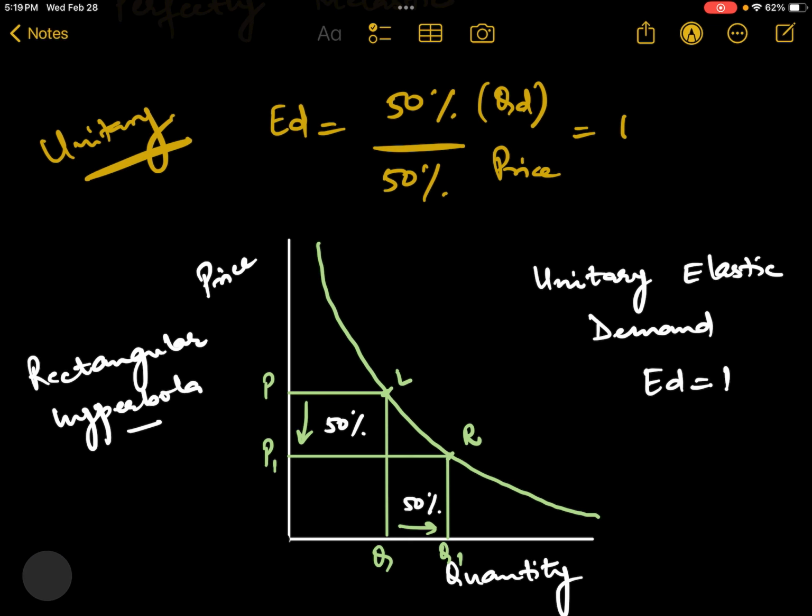So the speciality about this rectangular hyperbola is that it's a curve under which the total area at all points will be same. So in this figure, if you look at OPLQ, area would be equal to area of OP1RQ1. So we use this curve to show elasticity coefficient as equal to 1.